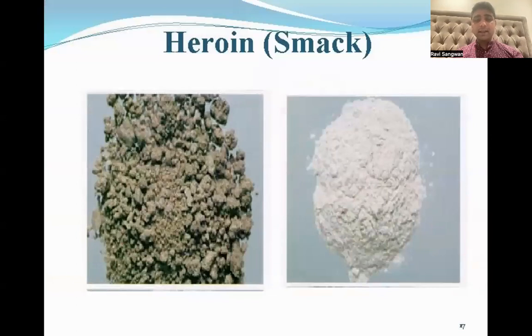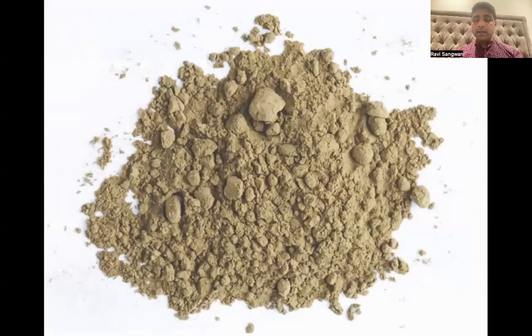And you can easily see this: the left one is a more crude form of heroin, and the right one is a more refined form of heroin. The whiter it goes, the more pure it becomes. I clicked this picture while doing an experiment in the forensic science laboratory.